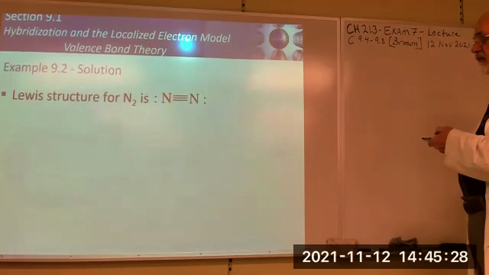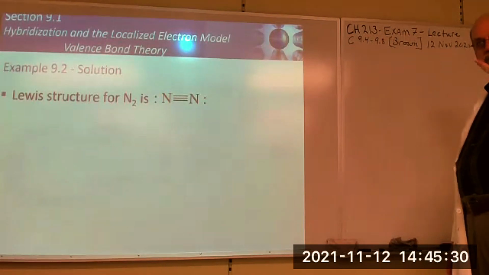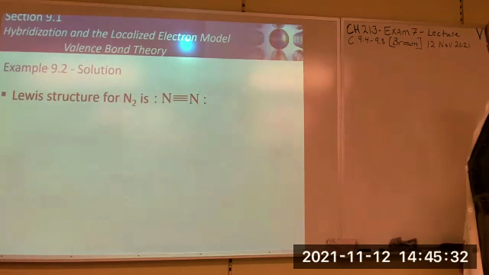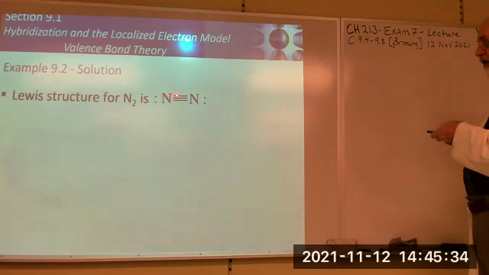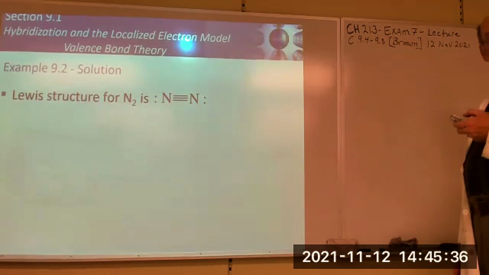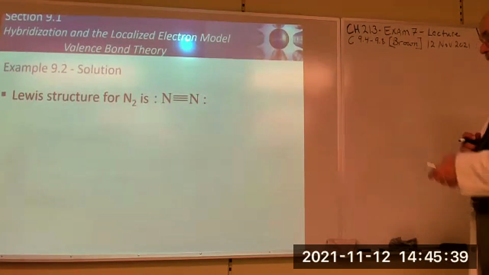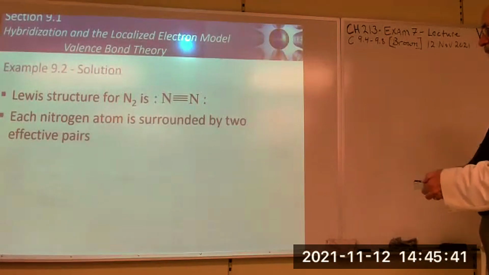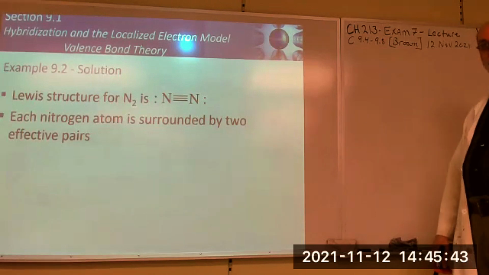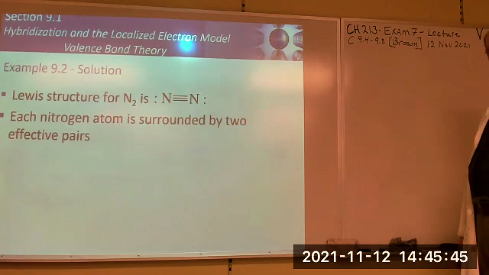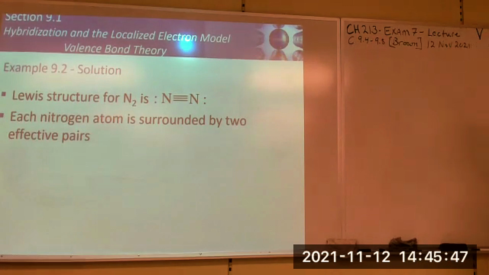And then you have two unused p orbitals on each nitrogen to overlap and give you a pi bond here and a pi bond there. A sigma bond versus a pi bond.